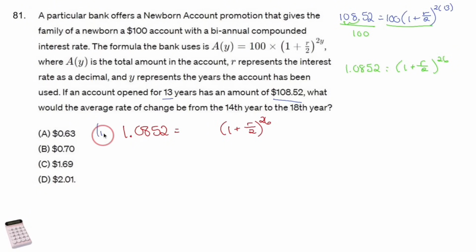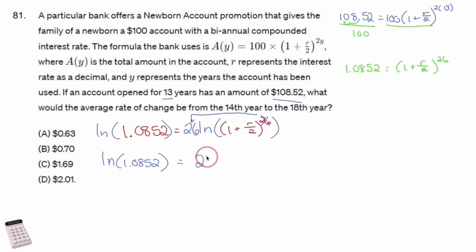I'm going to ln both sides. By ln'ing both sides, I can bring that 26 out in front. So now I have ln of 1.0852 equals 26 ln of 1 plus r over 2. There you go.